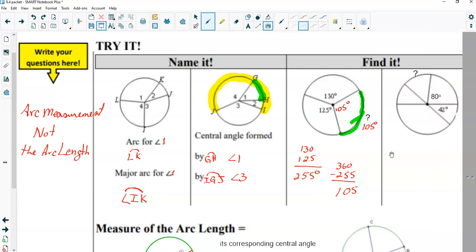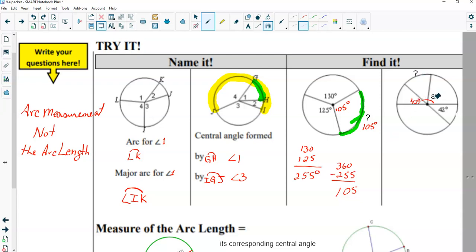Let's take a look at this one. Okay, we know here we have a semicircle, because this is a diameter. So this angle right here must be 180 degrees. Now notice these two diameters right here, they form vertical angles. So we learned that vertical angles are congruent. Therefore, this is also 42 degrees right over here. So now we could deduce that this arc is the same as the central angle.